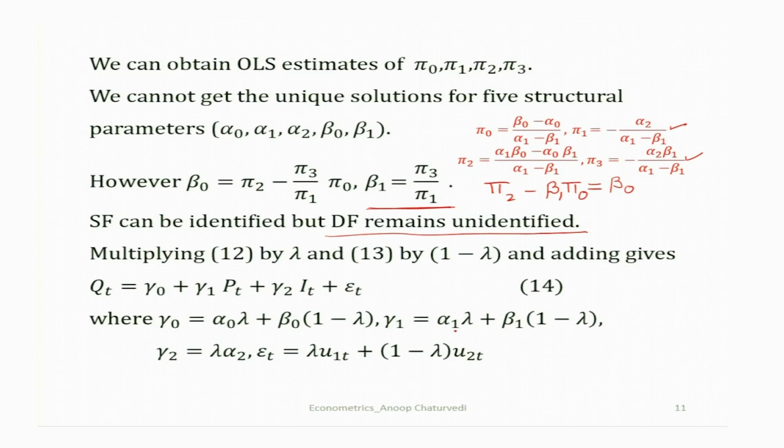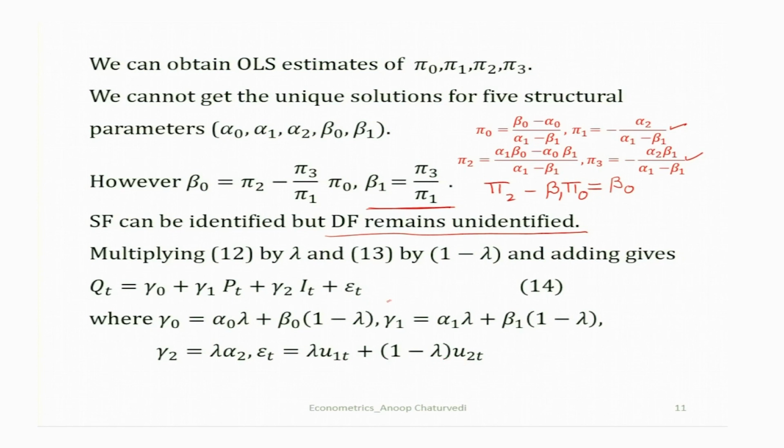Gamma 1 is equal to alpha 1 lambda plus beta 1 (1 minus lambda), and then gamma 2 is equal to lambda into alpha 2, and epsilon t is equal to lambda into u 1 t plus (1 minus lambda) into u 2 t.